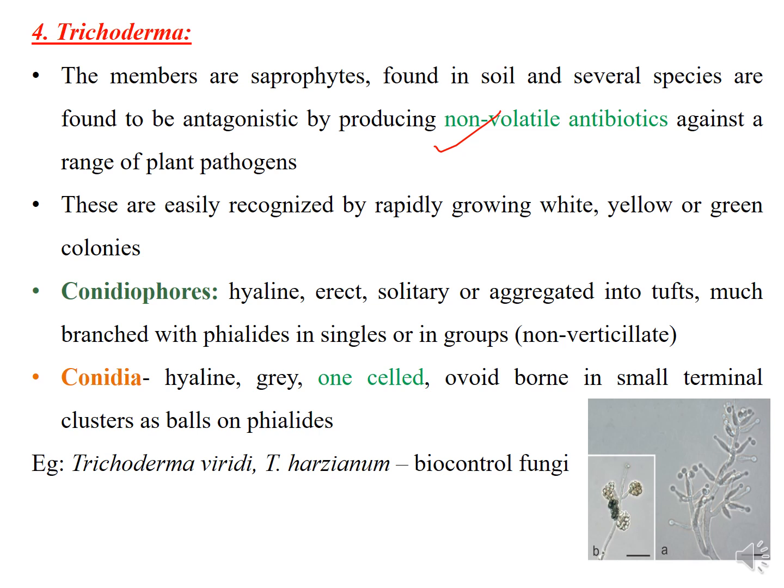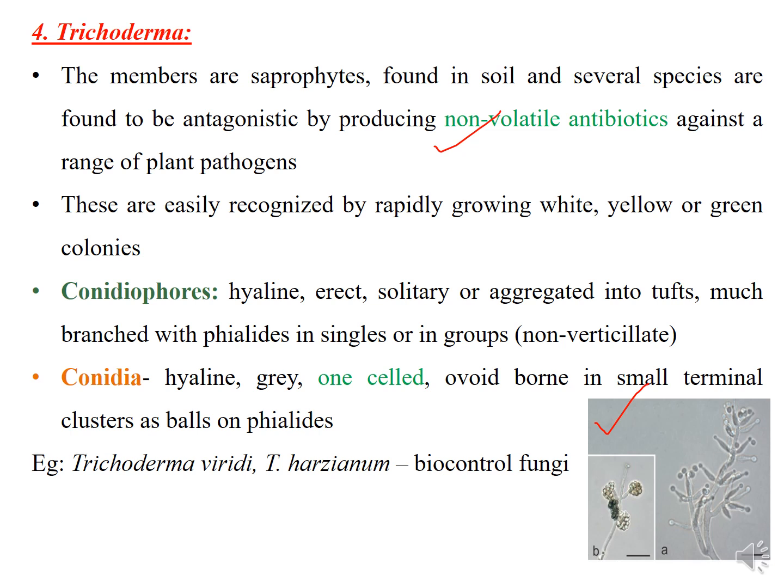Coming to the conidiophore, here in this picture you can see how it looks. Conidiophores are hyaline, erect, and solitary, or they are aggregated into tufts. Either they are single or aggregated. And here heavy branching we can see in Trichoderma.